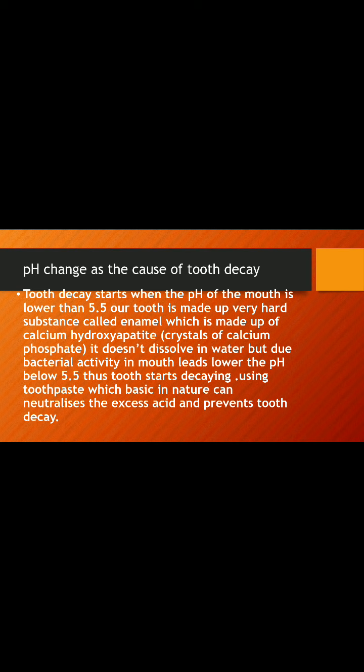This enamel doesn't dissolve in water, but bacterial activity in the mouth lowers the pH below 5.5, and thus the tooth starts decaying. It can be prevented by using a toothpaste which is basic in nature, and that neutralizes the acid in the mouth, preventing tooth decay.